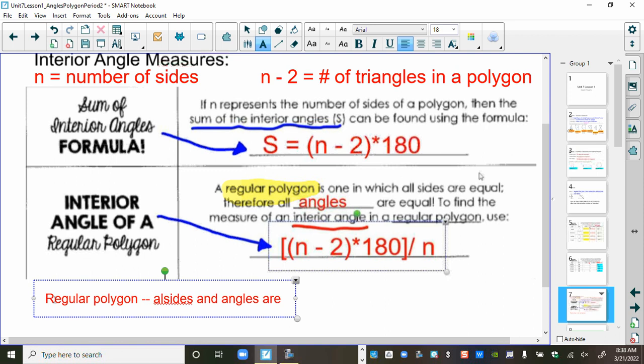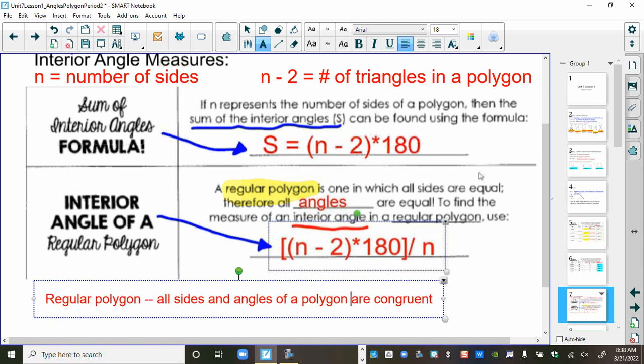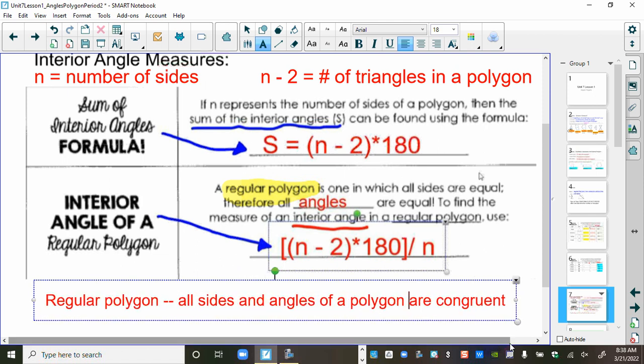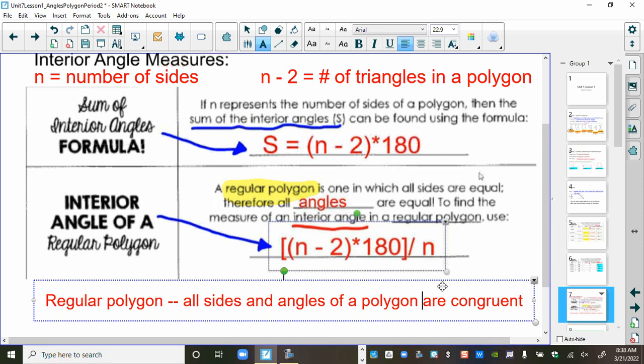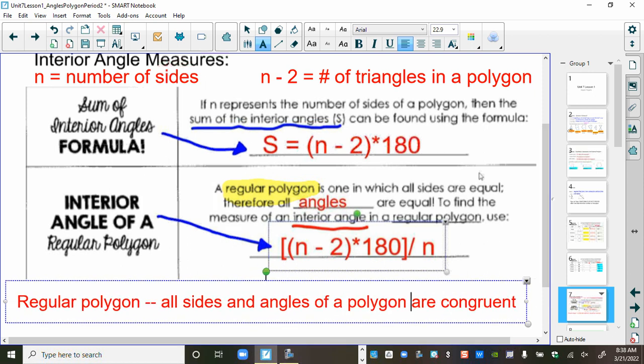All sides and angles of the polygon are congruent. If you're okay with it, you don't have to write it down. But if you need to, that's fine.